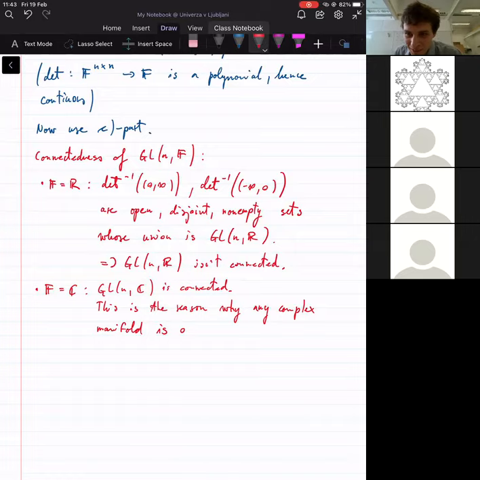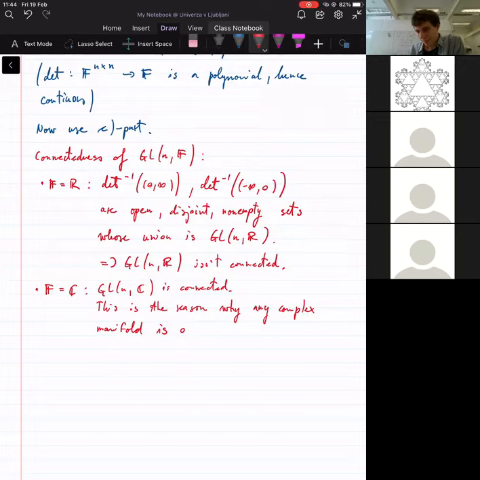Any other contenders? Well, what would connectedness even imply? Yeah, that's the question. Why would connectedness of this group imply anything on any complex manifold? Maybe something about treating it as a vector space. Close.